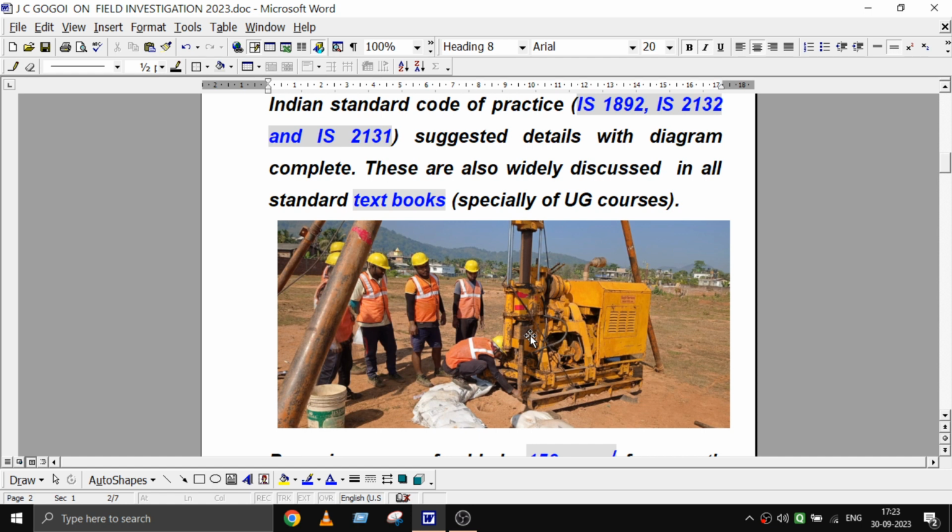It shall be decided based on the formation. If it is more sticky, the rate of penetration shall be less and rotation shall be gentle. And if it is loamy soil, the rate of penetration is slightly higher than in the stiff clay deposit.